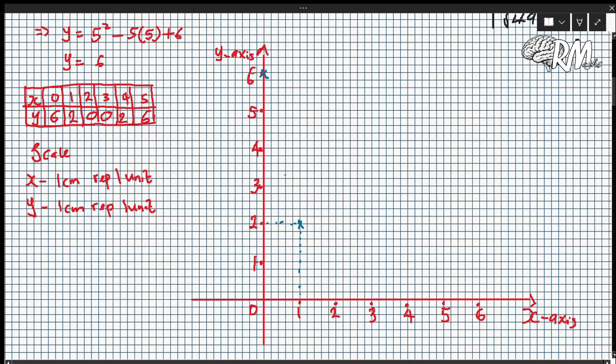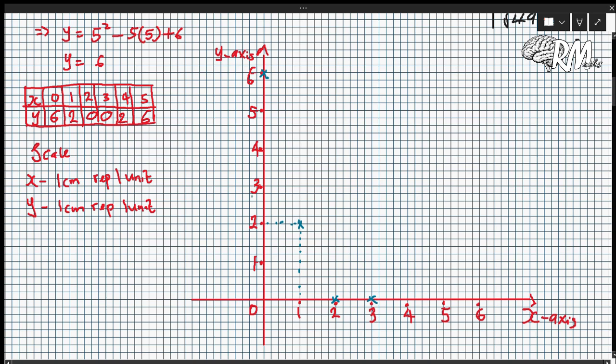Now the third one, we say when x is 2, y is 0. Remember, this is my x as 2 and y is 0. This is the region for y being 0, so we just put it here. Now the next one, when x is 3, y is also 0. So the same thing with that one, we have it here.